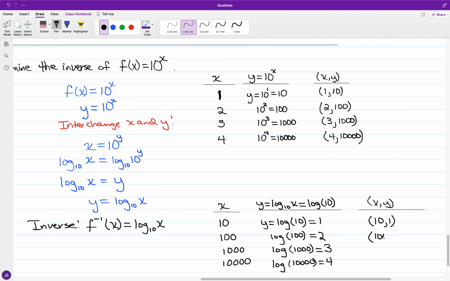When x is 100, y is at 2. When x is at 1000, y is at 3. And with x at 10,000, y is at 4. And if you notice, we have a reverse order of the x and the y values between 10 to the x and the base 10 logarithm of x.